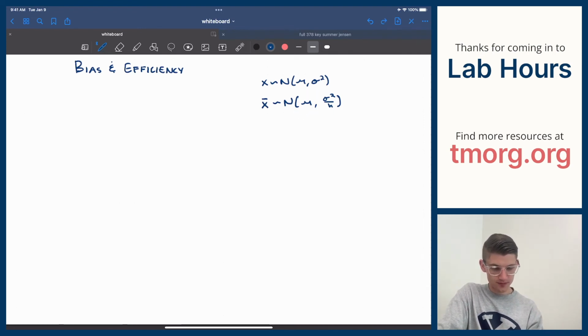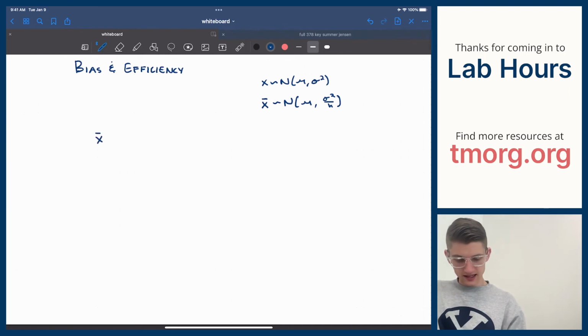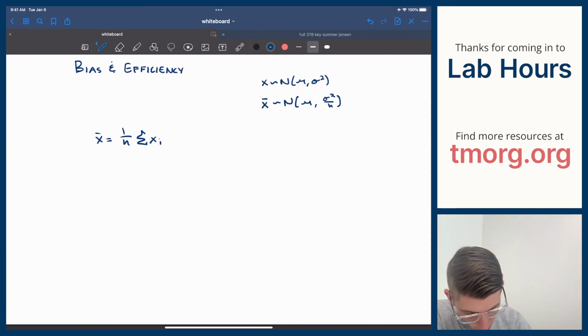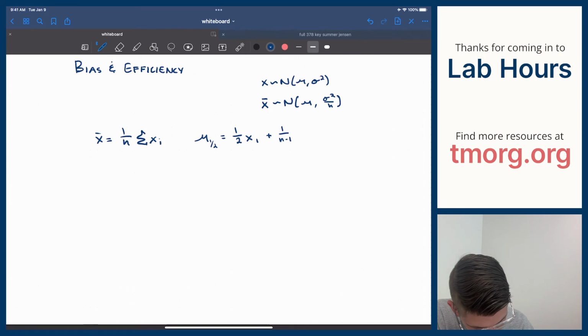estimate for mu. First of all, we have our classic x bar, which is 1 over n times the sum of xi. And then let me give you the following. Call mu 1/2 equal to 1/2 x1 plus 1 over n minus 1, the sum of xi, where i is equal to 2 to n.